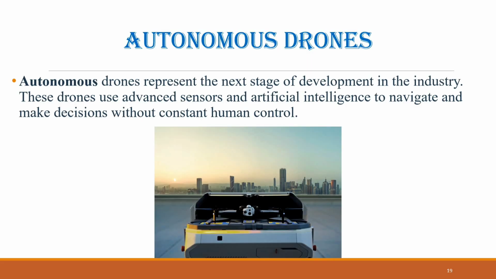This makes them highly effective for tasks such as inspections, mapping, and search and rescue operations. As automation technology continues to advance, autonomous drones are expected to play an increasingly important role across many sectors.